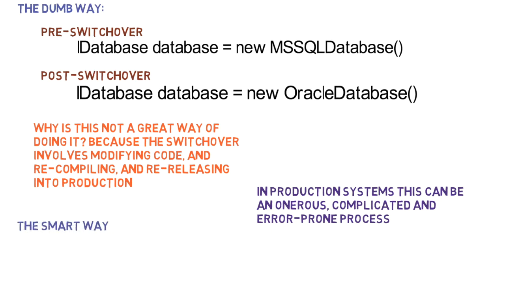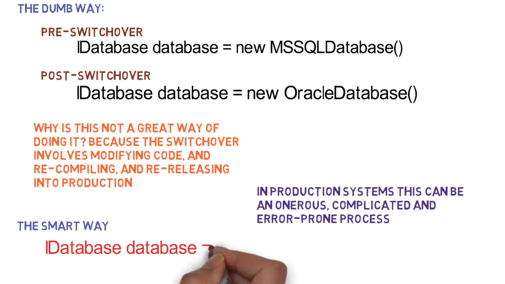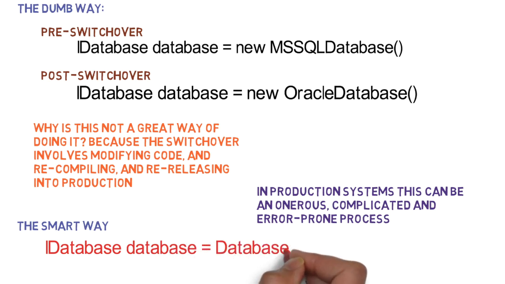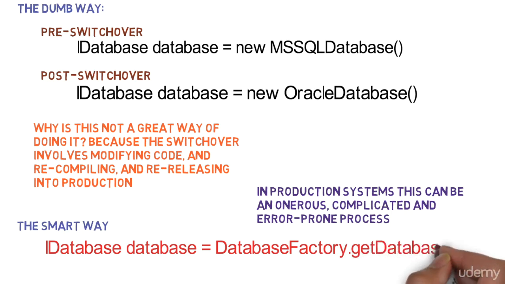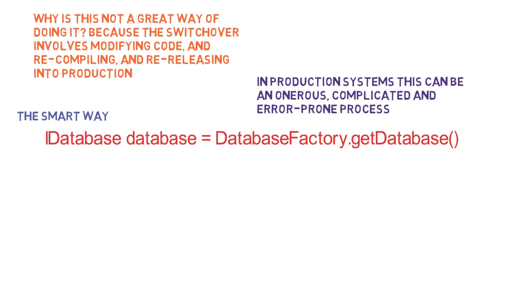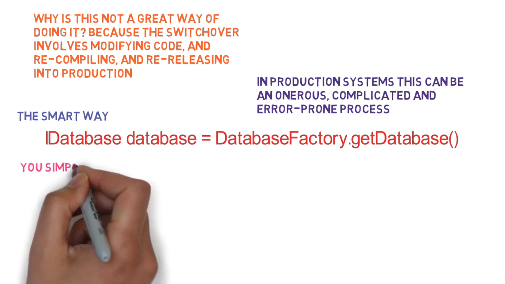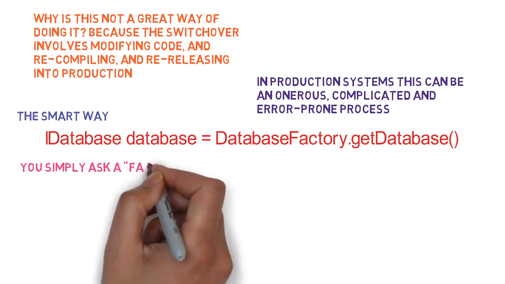Finally, let's see the smart way, the factory pattern. You can simply say iDatabase, the database variable which is holding the implementations, equal to DatabaseFactory.getDatabase. You're hiding the creation details behind this database factory class.